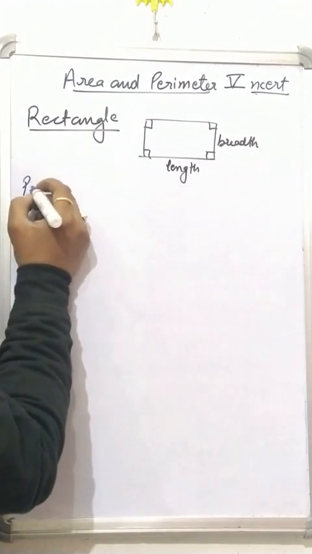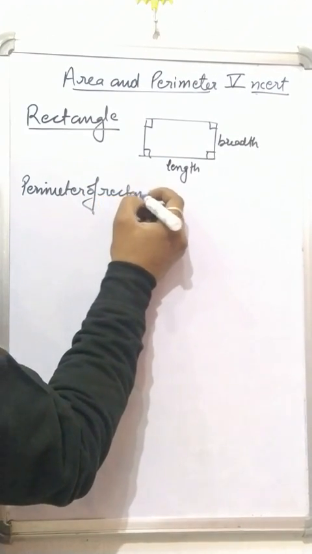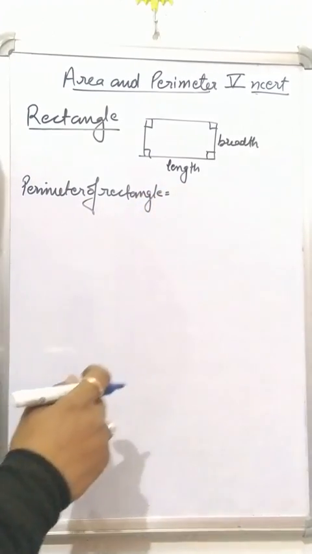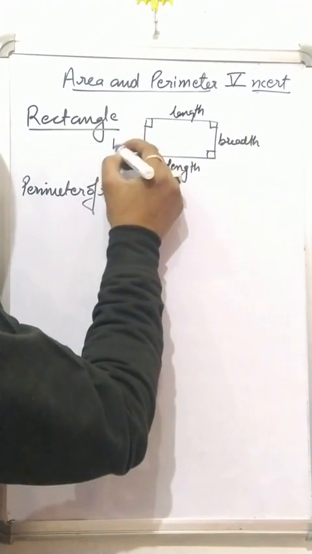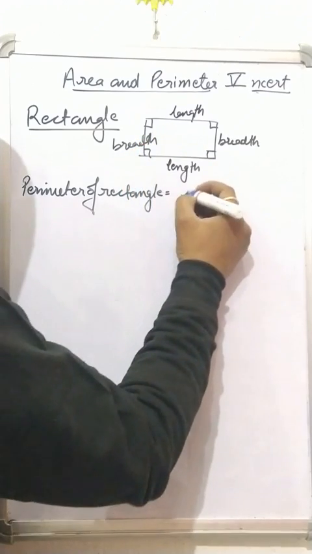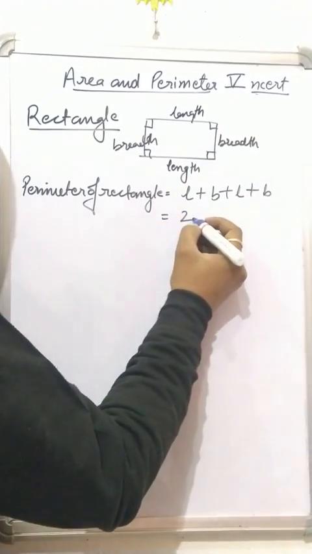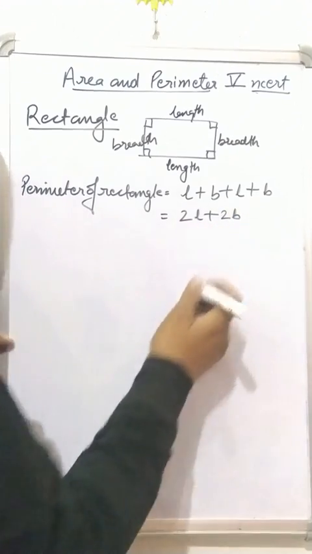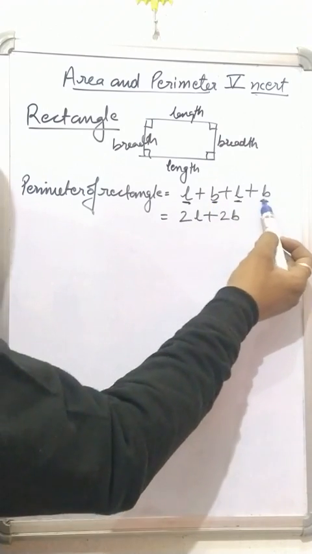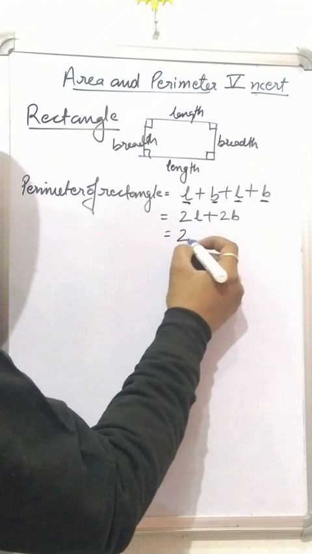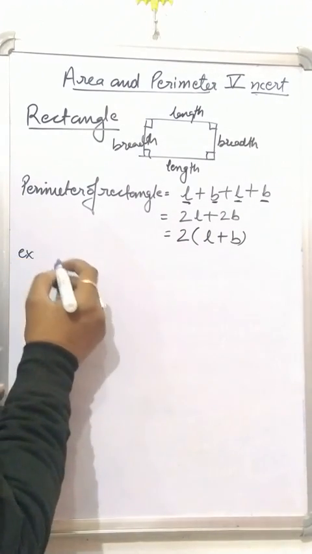Now to find the perimeter of a rectangle, we should add all the sides. This is length, this one is also length and this one is also breadth. Now length plus breadth plus length plus breadth. Now 2 length and 2 breadth. 1 length, 2 length, 1 breadth, 2 breadth. Now 2 is common and length plus breadth. Is that clear? We can understand this by an example.